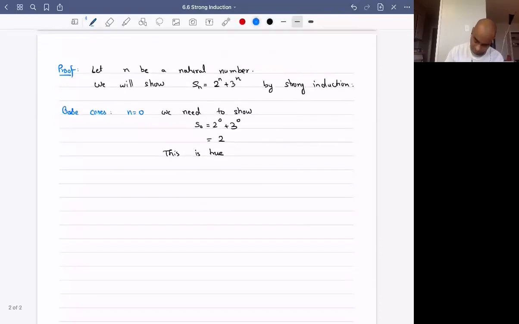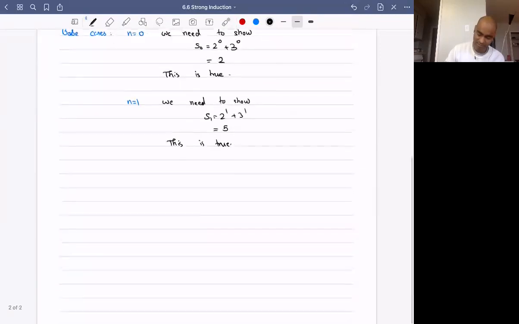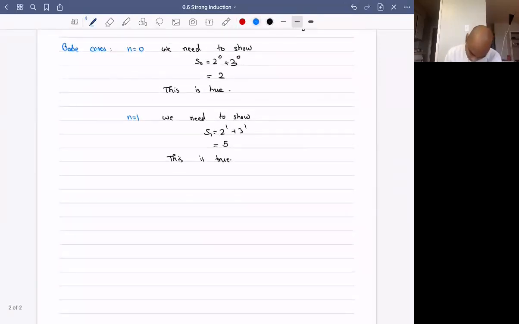Then I have n equals 1. Here we need to show that S1 is 2 to the 1 plus 3 to the 1, which is 5, and S1 is 5. That is again given in the question, so this is also true. So that finishes my 2 base cases. Then I'll move to the inductive step.